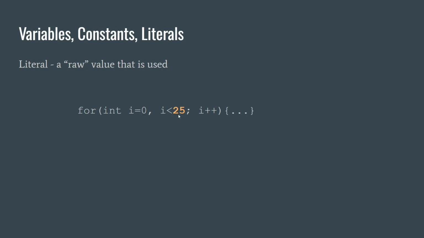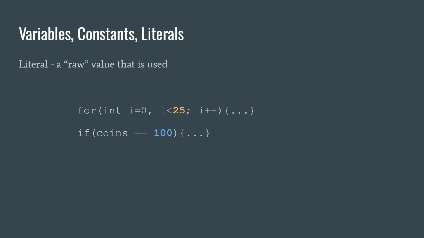This 25 is not stored in a table in constant memory. It's not stored in a RAM address, though at some point during the program execution or the assembly process, it might be stored in either or both. But in the code, it represents a value, a raw value, and the assembler can do what it needs to do with that literal value.